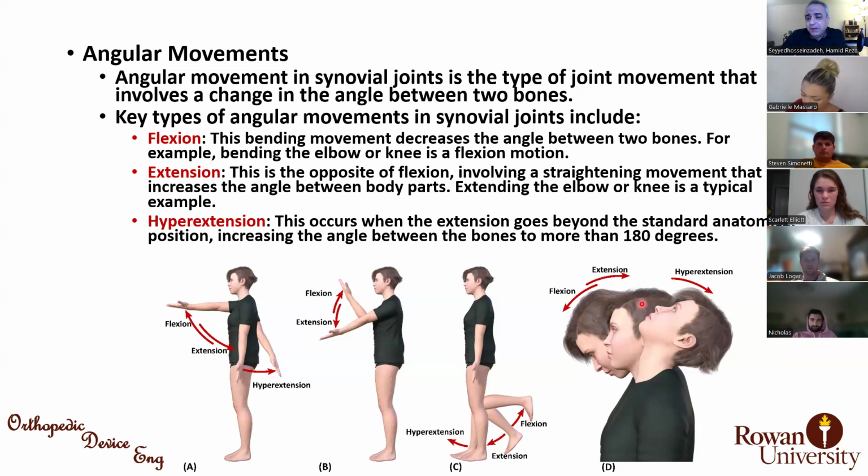For the head, the middle one is the anatomic position. Decreasing the angle means flexion, bending forward. Returning from flexion to the anatomical position is called extension. So if I have flexed my elbow and I return it to the anatomic position, it is called extension.